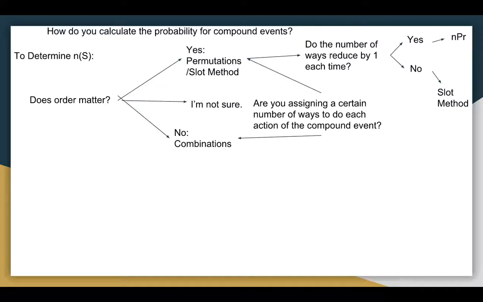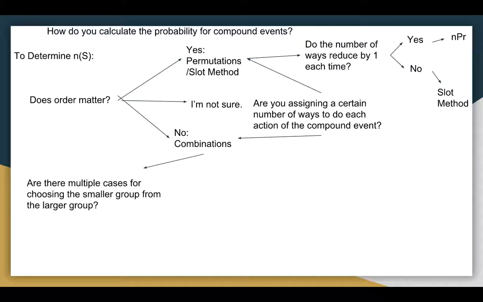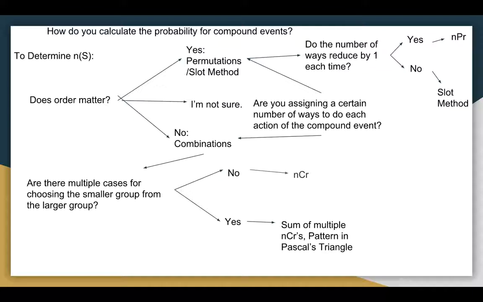If you're assigning 5 cards, and we've got to say this number for the first, this number for the second, then it's permutations or slot method. If not, it's combinations. Then you ask the question, are there multiple cases for choosing the small group from the larger? If yes, then you're probably going to use some addition of nCr's or that pattern in Pascal's triangle. If not, you're just using nCr.